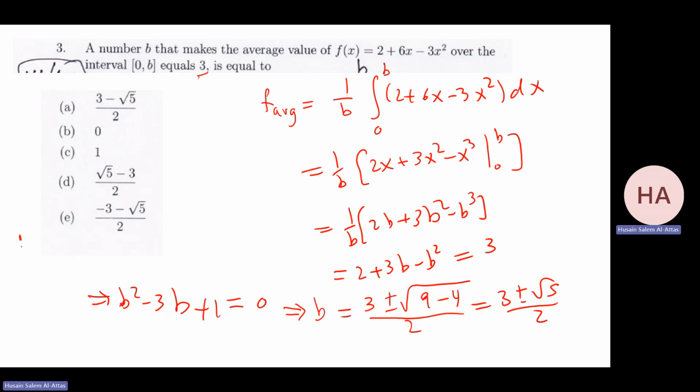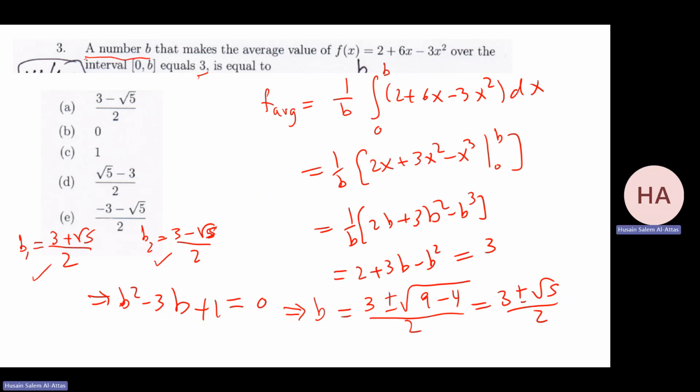So I have b1 is 3 plus square root of 5 over 2, and b2 is 3 minus square root of 5 over 2. So this is correct. This is positive. And this one is also positive, since square root of 5 is less than 3. So it's correct.